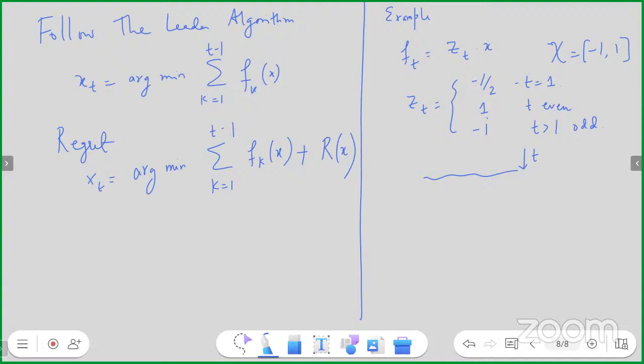Should it depend on k or not? Give me a reason for it to depend on k. What am I trying to control?